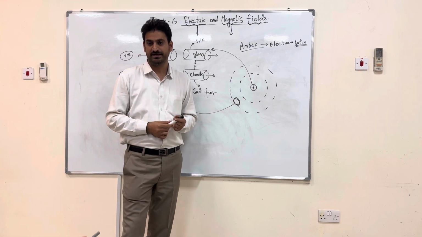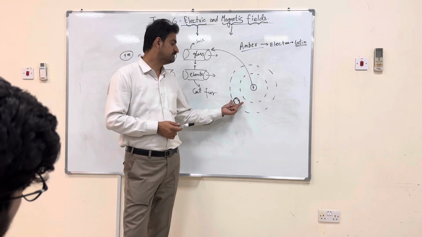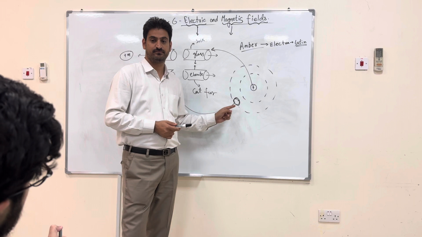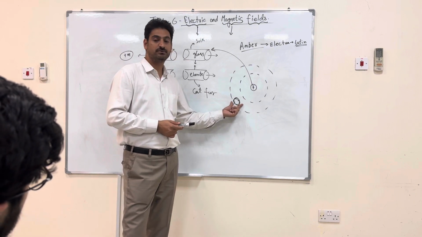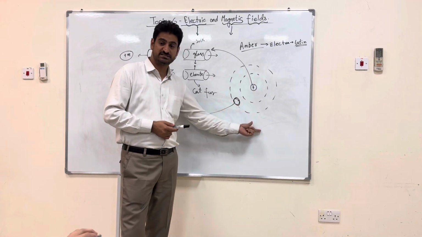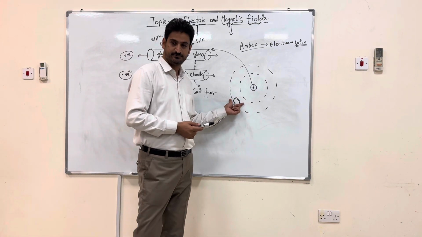Similarly, since this thing is responsible for electrification, whatever charge is carried by this thing is the minimum amount of charge that you can have anywhere. And whatever charge you're going to have anywhere is going to be an integral multiple of the charge of that one.